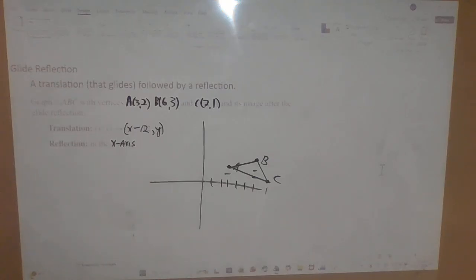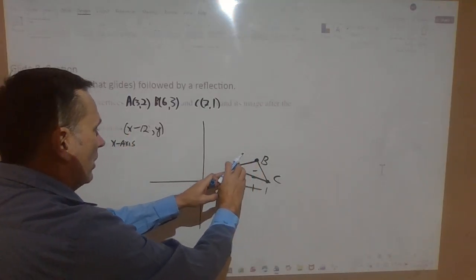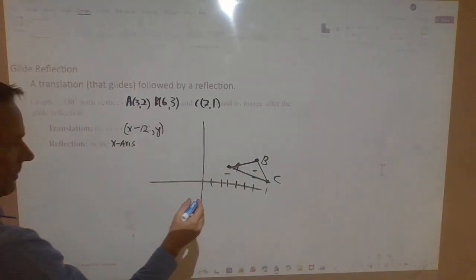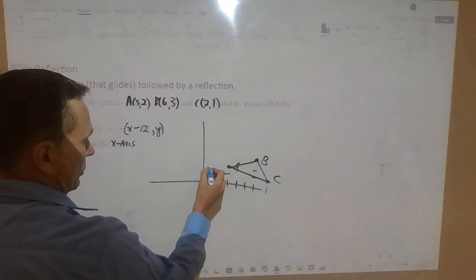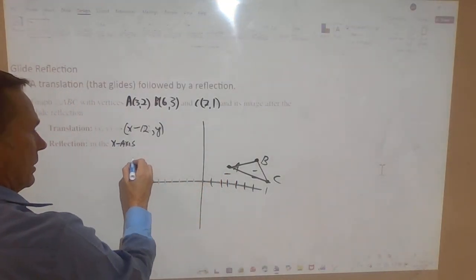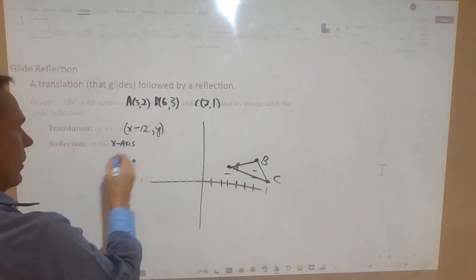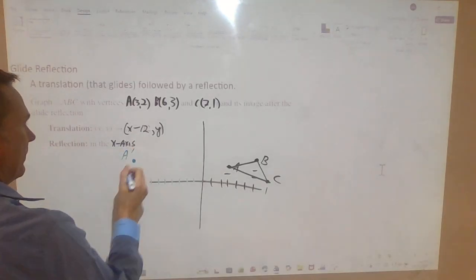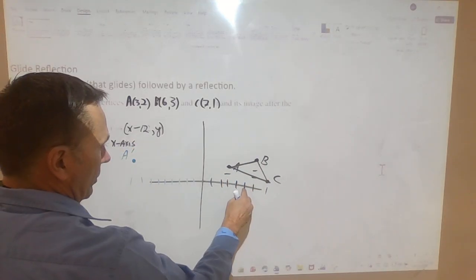We do not want to skip any steps. So the first one, when it says x minus 12, means I want to move this figure to the left 12. 1, 2, 3, 12. So here's A, and we're not going up or down any. Moving this 12.